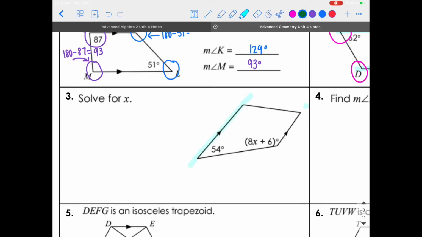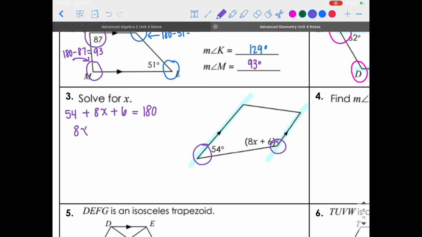Number 3, those are my two parallel sides, and you kind of have to pay attention to where your parallel sides are because that determines which angles you say are supplementary. So the 54 and the 8x plus 6, those are supplementary. So 54 plus 8x plus 6 equals 180.